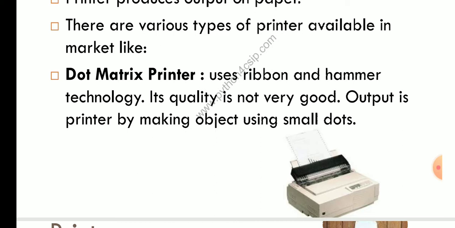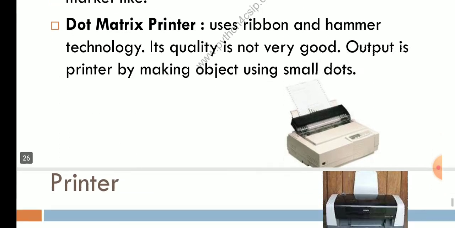We use ribbons and hammers to print the data. The quality will not be good, but the printer uses small dots to print the data. Ribbons and hammers are the technologies used in this dot matrix.